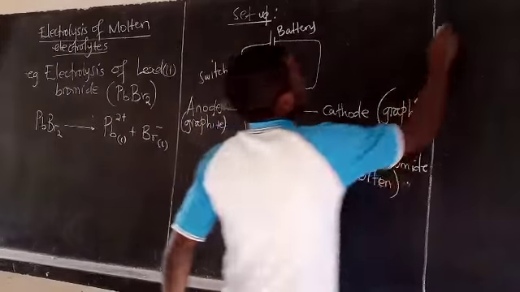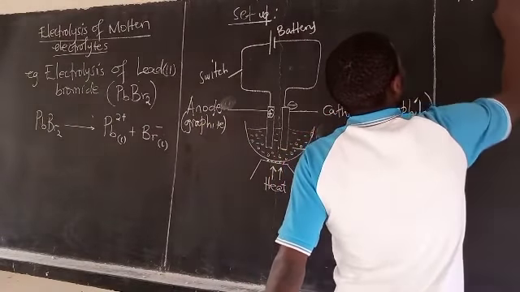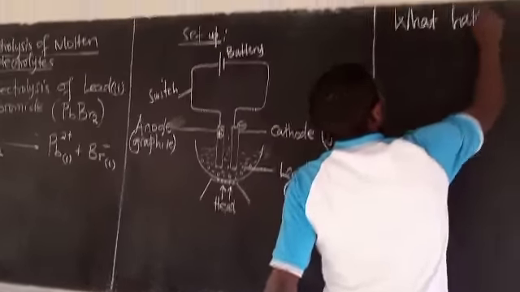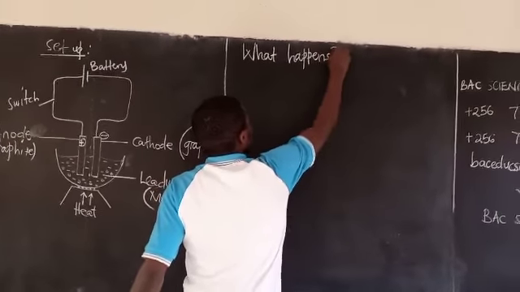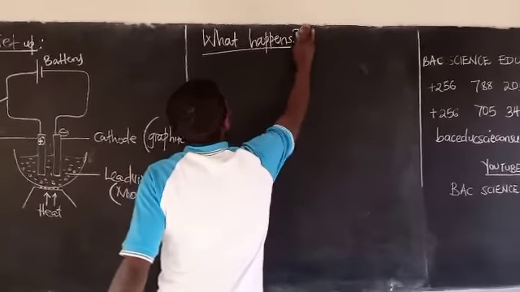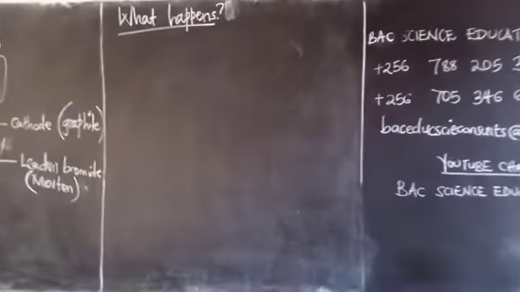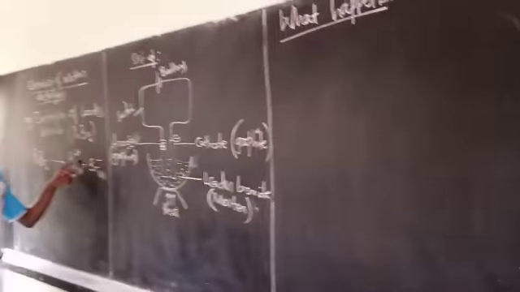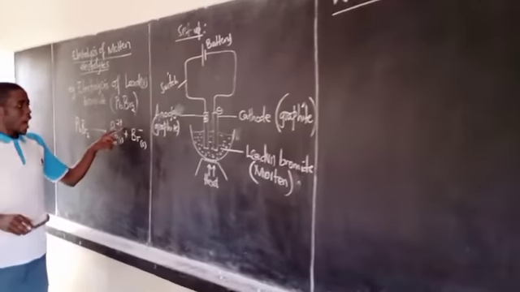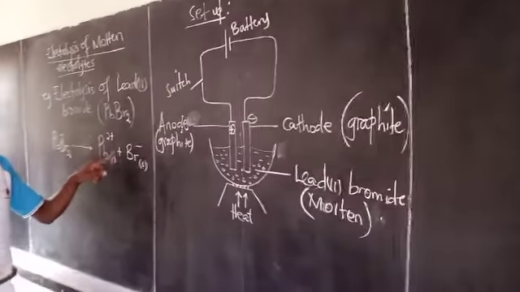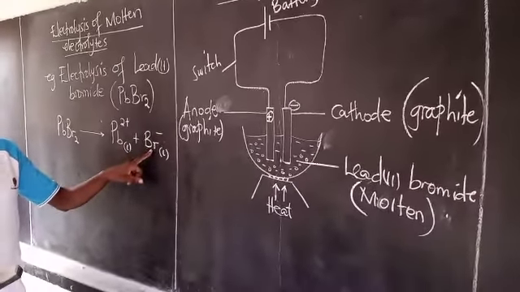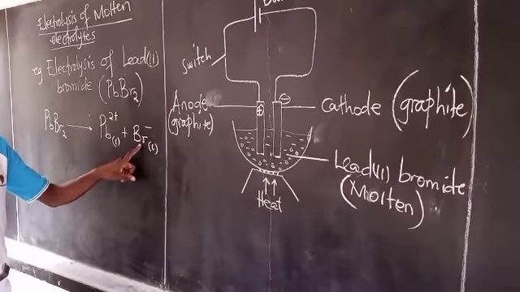What will happen? Lead two ions are positively charged. Bromide ions are negatively charged.